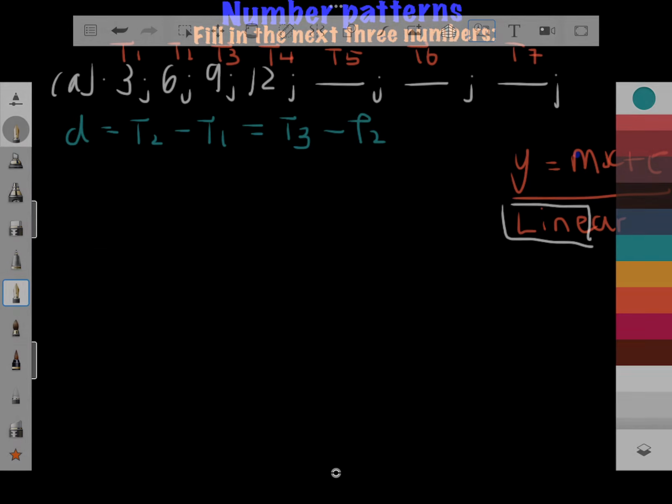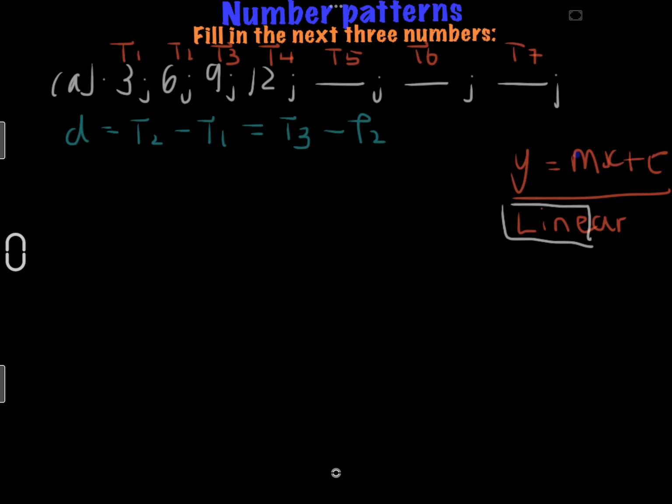To find the common difference, we need to substitute the relevant values within these terms. We know that term 2 is equals to 6 minus term 1, which is 3 in this case, is equals to term 3, which is 9, minus term 2, which is 6.